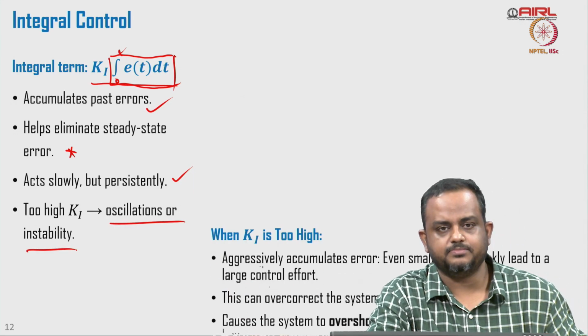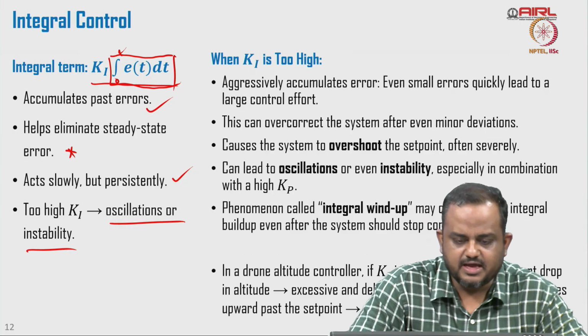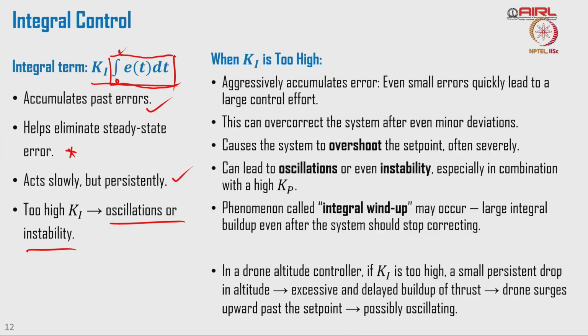So, what happens when we have too high a value of Ki? It aggressively accumulates error. Even small errors get added up, which leads to a large control effort.